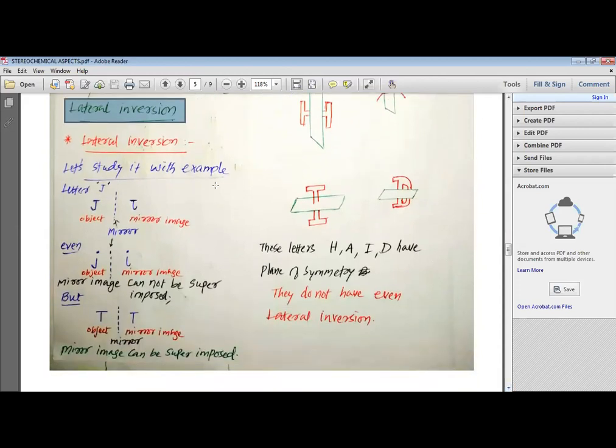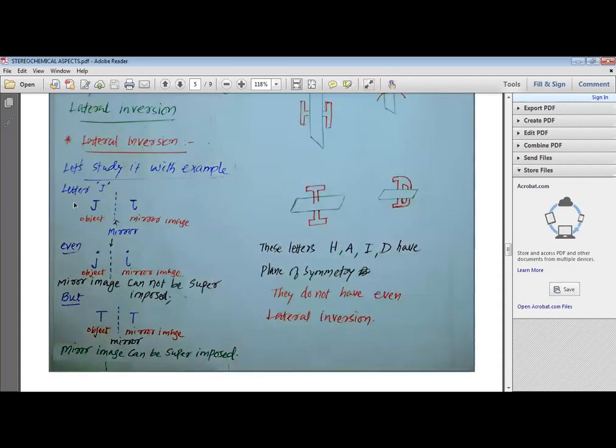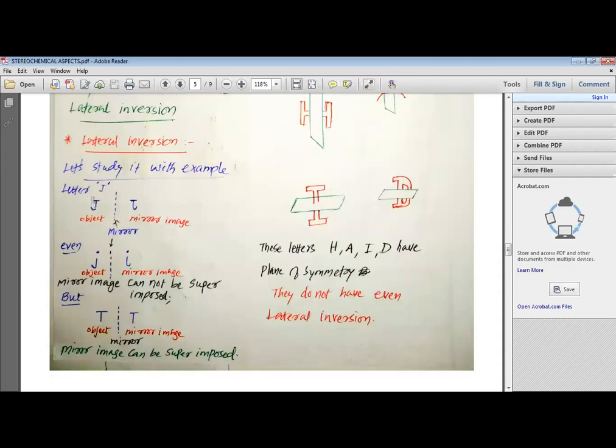Let us study lateral inversion with an example. You can see that we have a letter J. When you put letter J in front of the mirror, you can get such a mirror image for J. See, my dear students, if we think of only this much part of J, then it is exactly the same, which is actually the T. But when we look at the bottom of J, we realize that the bottom does not have the same mirror image.